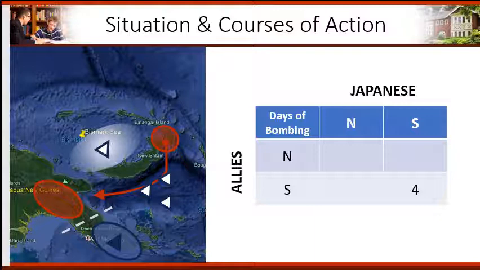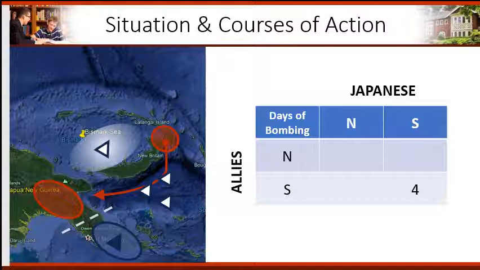Because as you see in the diagram to the left, in the south-south scenario, the Japanese go south, the Allied forces also go south, there are clear skies, and there are plenty of planes to observe them. And in that case, they would get almost the full 4 days of bombing, right? So that was the best for the Allies, the worst for the Japanese.